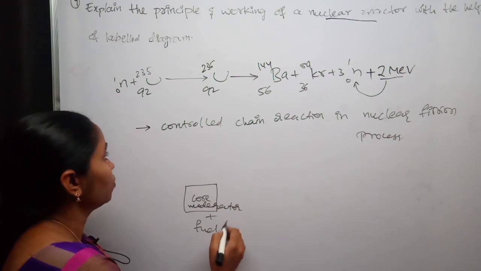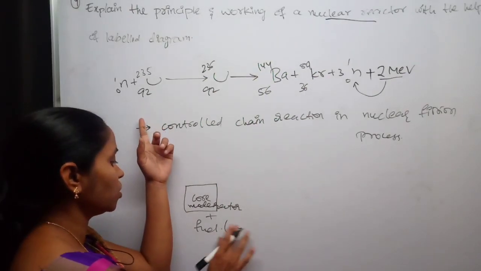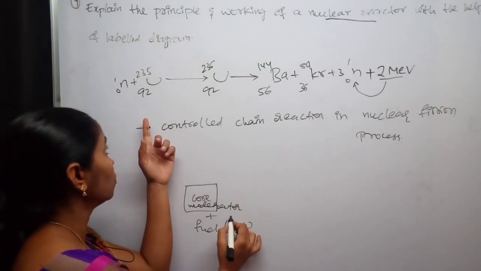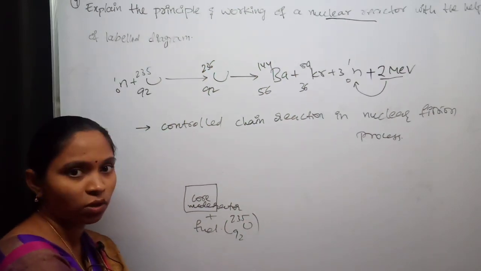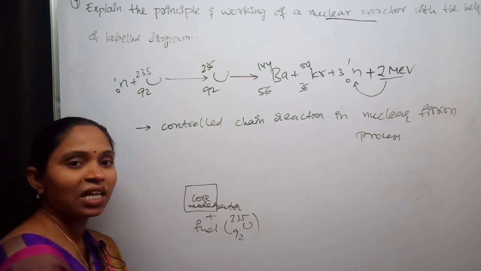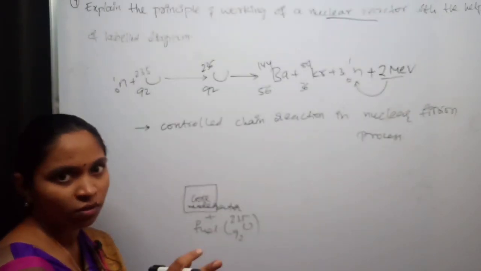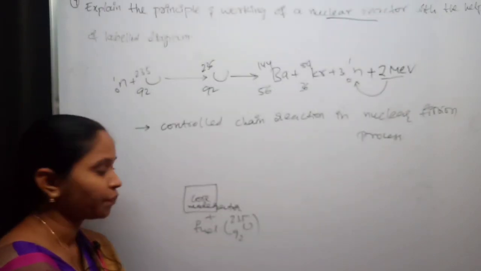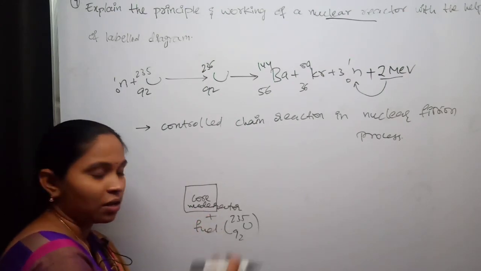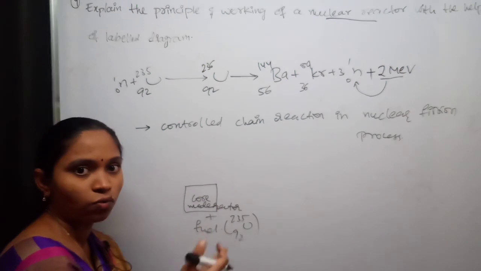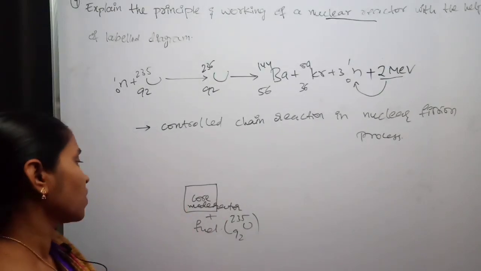Fuel is uranium 92 235. Why are we taking this uranium 92 235 nucleus only? Because it is easily available in our nature. That is the only reason. Okay, and we are taking the moderator. The moderators might be H2O, D2O or graphite.